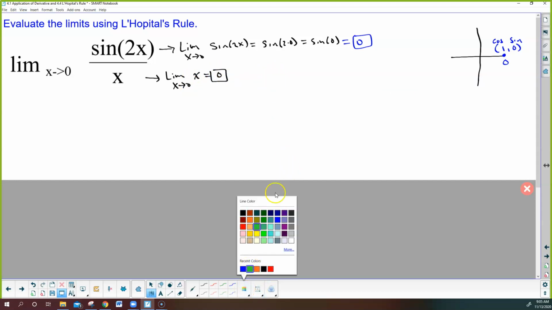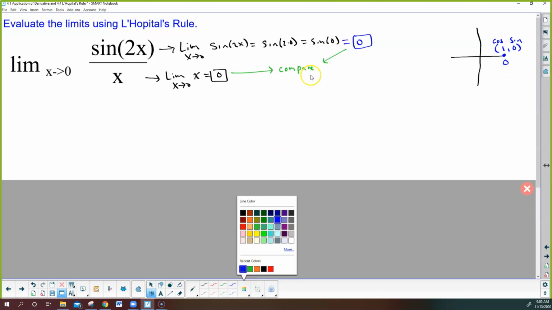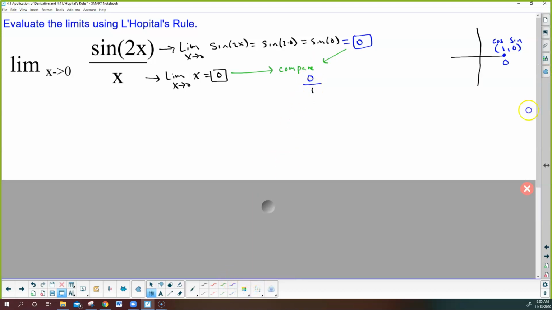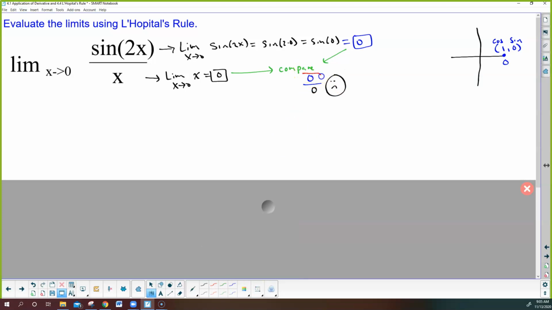You don't have to write the word compare, but you do have to state that when you do compare it, you get 0 over 0, which is an indeterminate form. I put a frowny face, that's kind of my way of saying, okay, this does not result in an answer. So that's my ticket to do L'Hopital's rule.